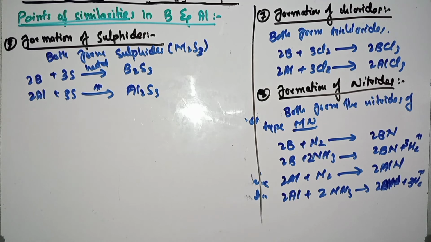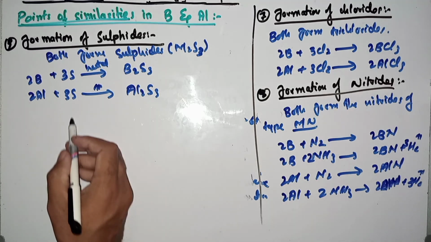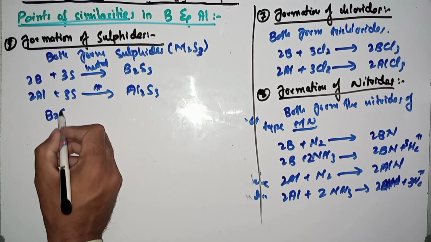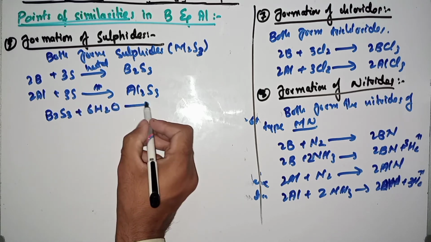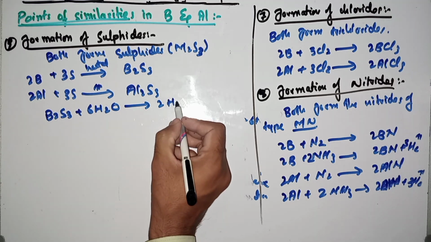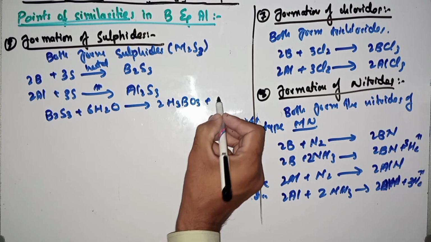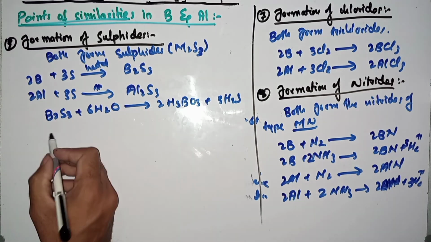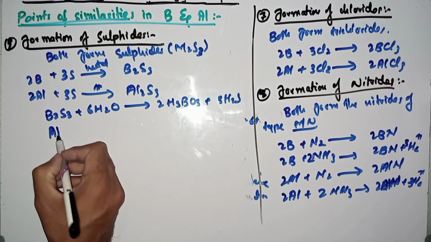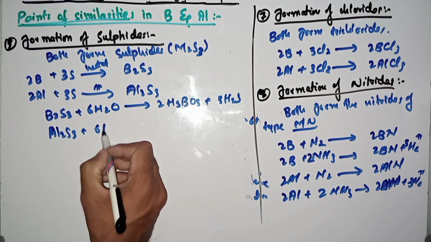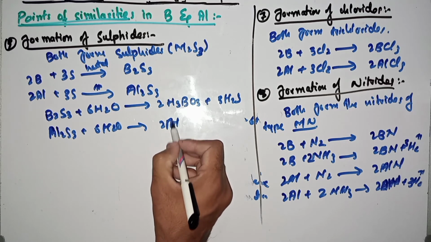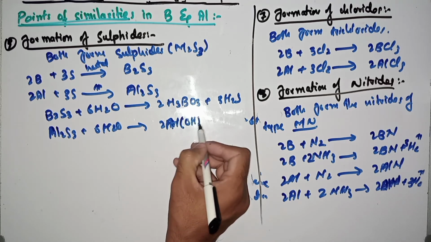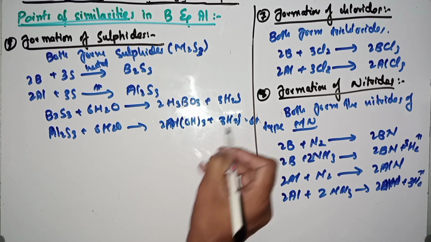They produce sulphides. These sulphides can also be hydrolyzed, like B2S3 can be hydrolyzed by water and produce boric acid, H3BO3, plus 3H2S. Similarly, Al2S3 plus 6H2O generates 2Al(OH)3 plus 3H2S.